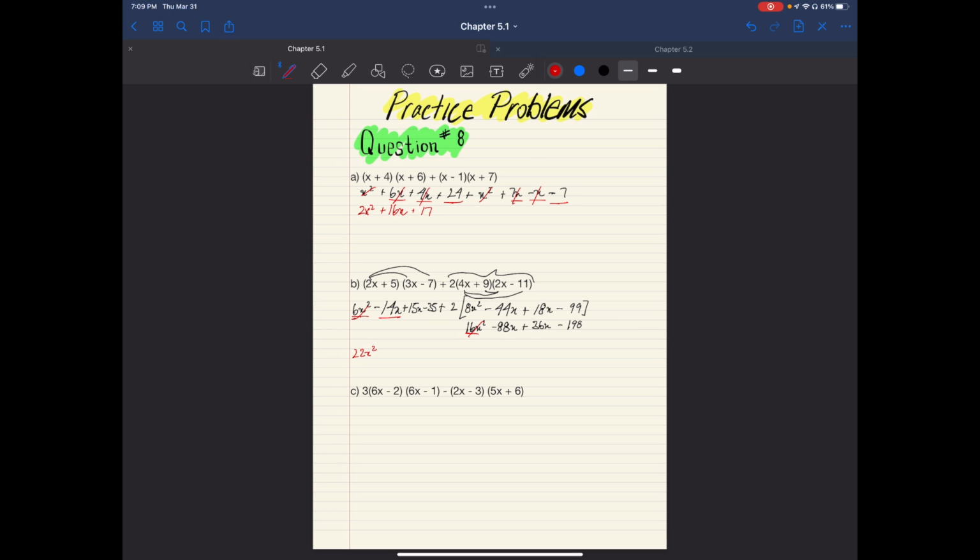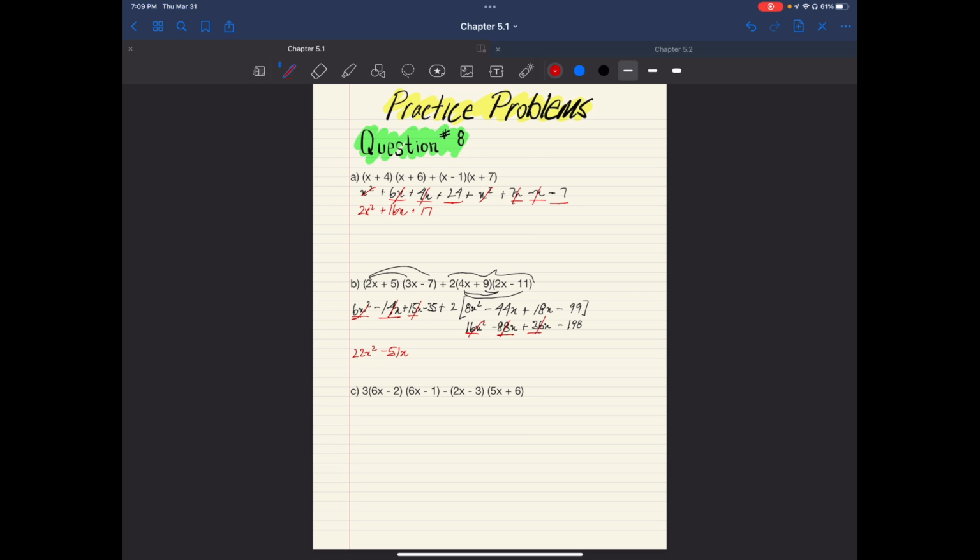Let's do the x's. So I'm going to get my calculator for this one. That becomes 15 plus 36 minus 88 minus 14, negative 51. So we got these.